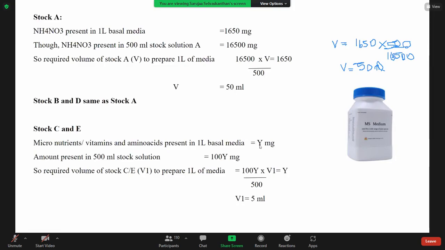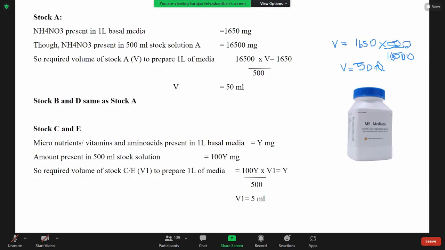Then we can combine all together and make Y milligram, right? But the amount of micronutrient present in 500 milliliter is 100-fold. For stock C and E, I told you we concentrated by 100-fold.